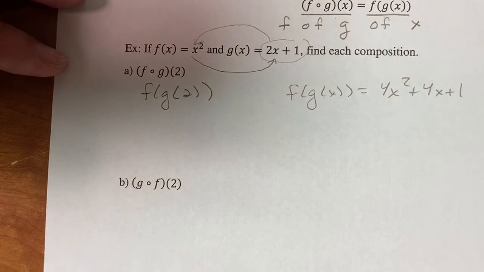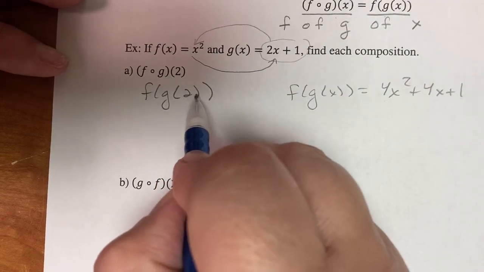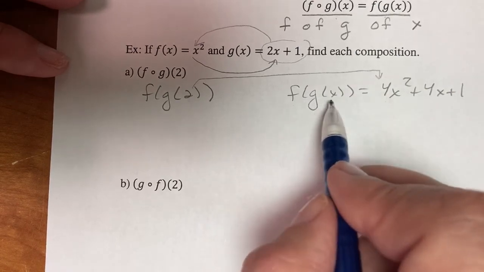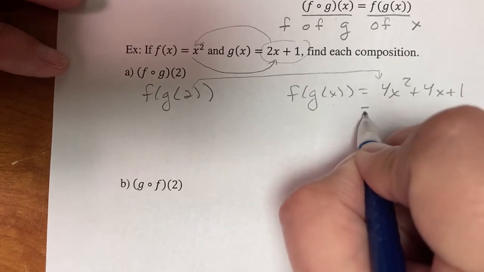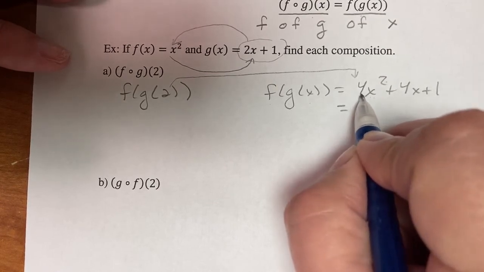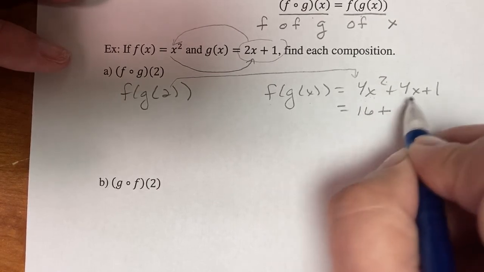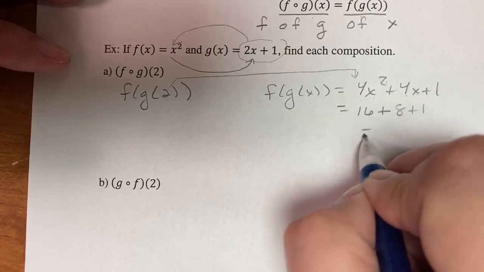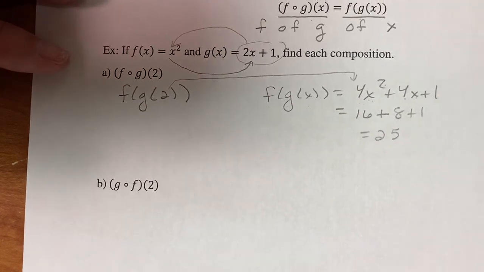There it is. And I could plug 2 into my f of g of x. Do you see where that would be? F of g of 2. So if I plug 2 into here, 2 squared is 4, times 4 is 16, plus 4 times 2 is 8, plus 1. Do you see where I'm looking at 25?